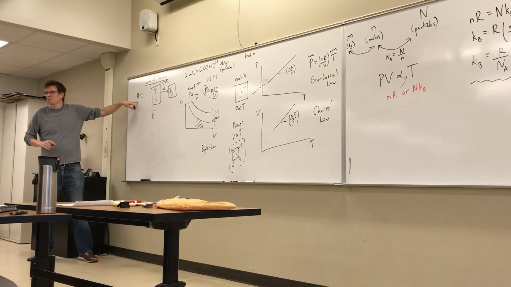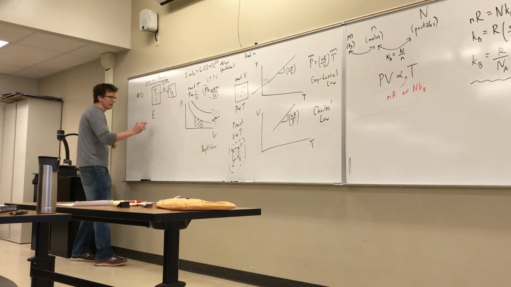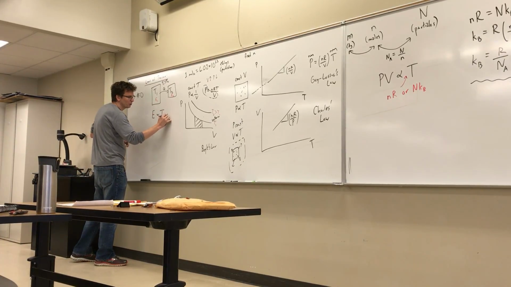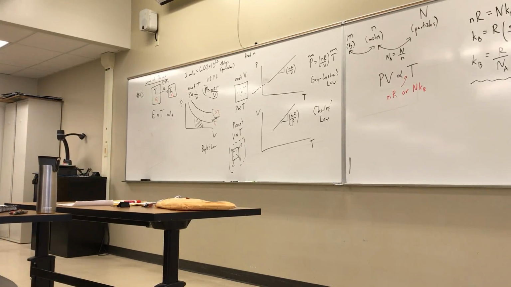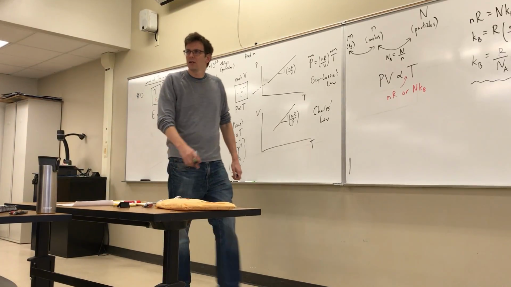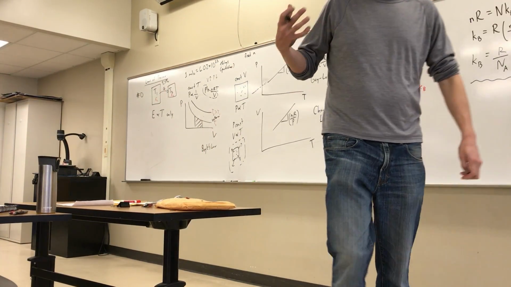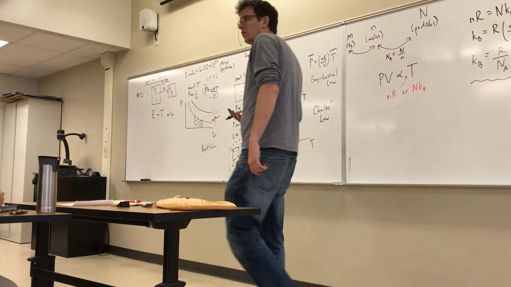So internal energy, one way to state in kind of vague terms the zeroth law is that the internal energy is proportional to the temperature only. That is the only negotiable property of the object that you can use to change its internal energy: temperature.